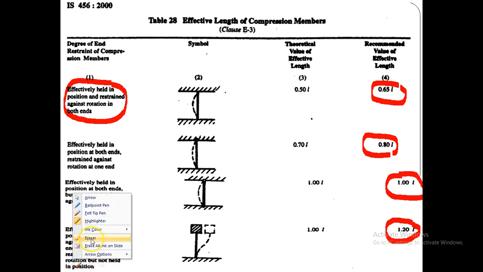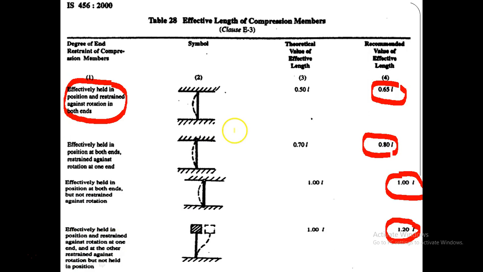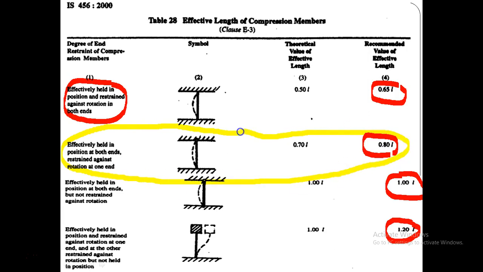So in our question, it was this second case that is applicable. It says that effectively held in position at both ends and restrained against rotation at one end only.